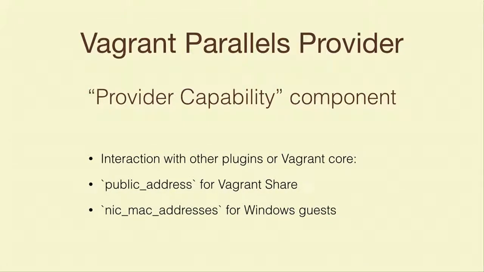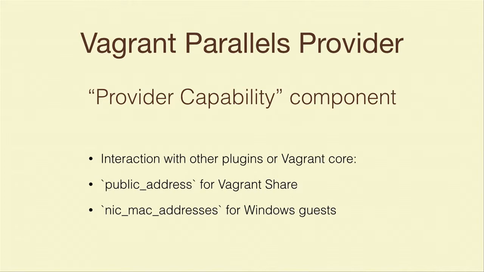So let's go to the next component, the provider capability component. It looks similar to the provider, but actually this is just a common named interface for your provider. For example, when we had just started with our provider, we noticed that some useful feature in Vagrant had been released. I mean the Vagrant Share feature.